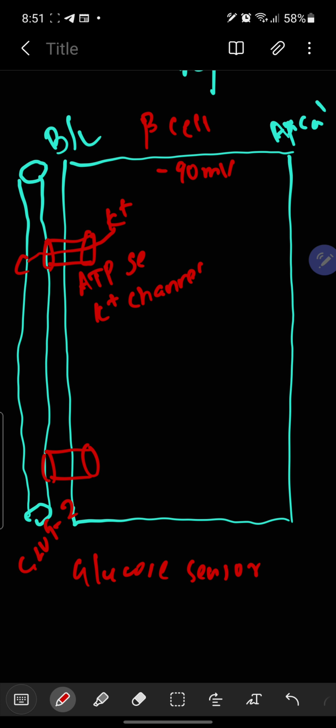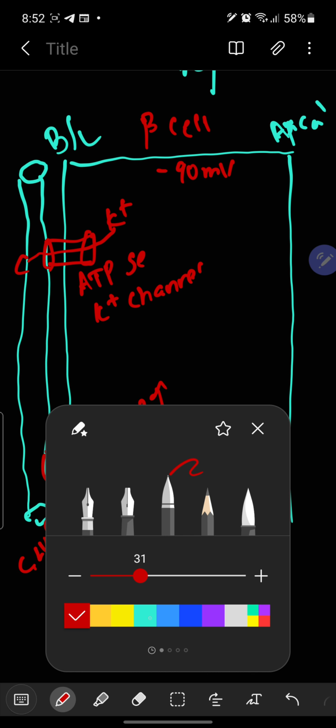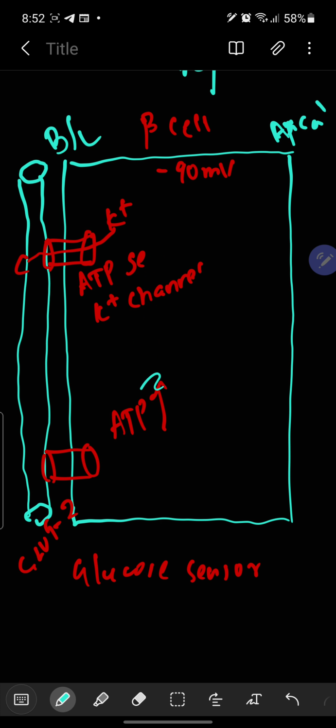When glucose reaches inside the cell, it undergoes metabolism and results in ATP production. When ATP production increases, it will close the ATP sensitive potassium channels.